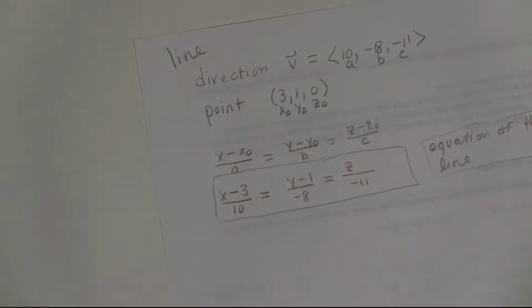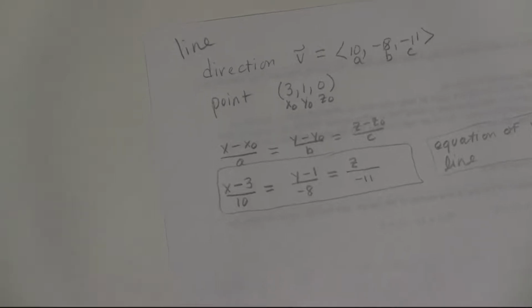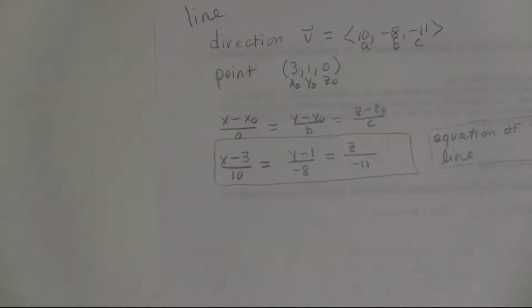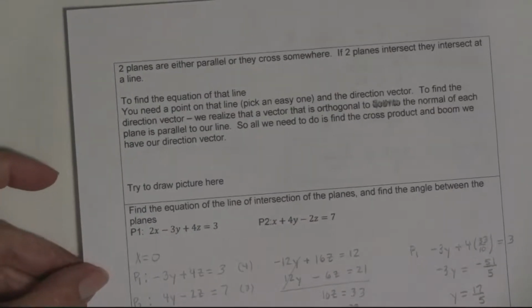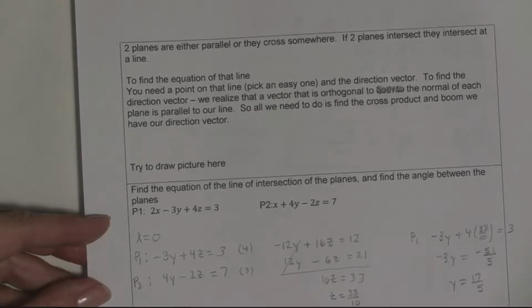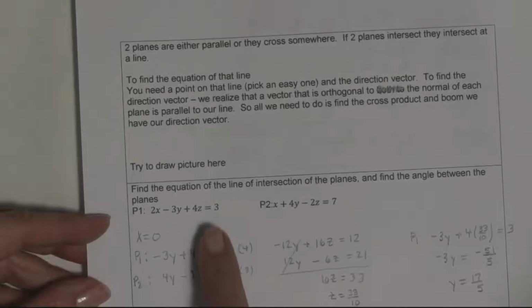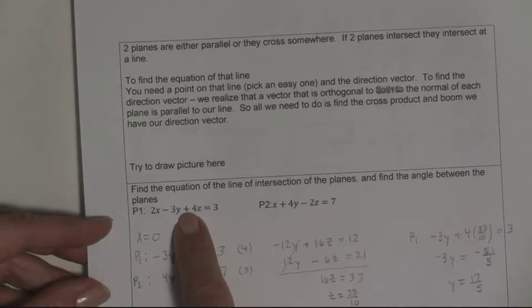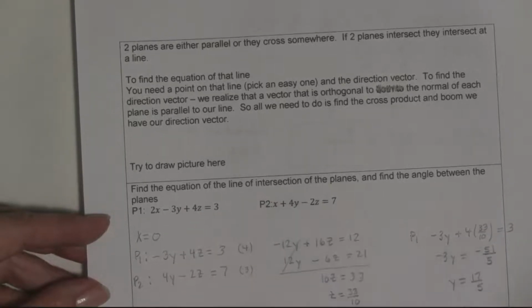Okay. Now, if you want to find the angle that they intersect at, well, you have the normal vectors for the planes. I don't know, did we state those normal vectors for the planes? I didn't. But remember that if you want to find the angle of intersection, you can find the angle of the normal vectors, and that would give it.